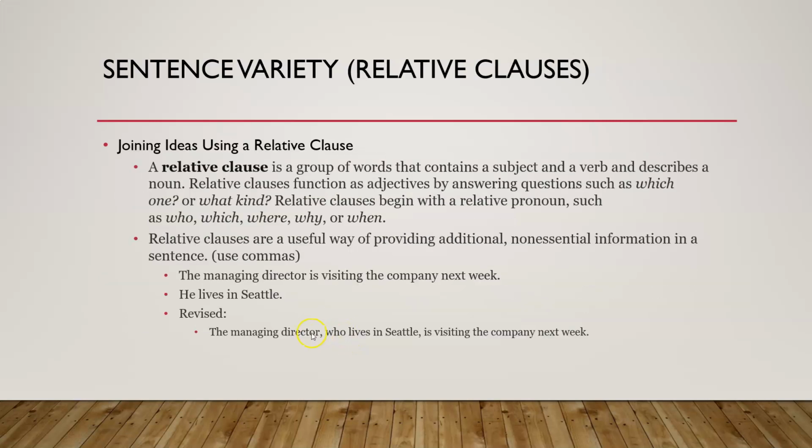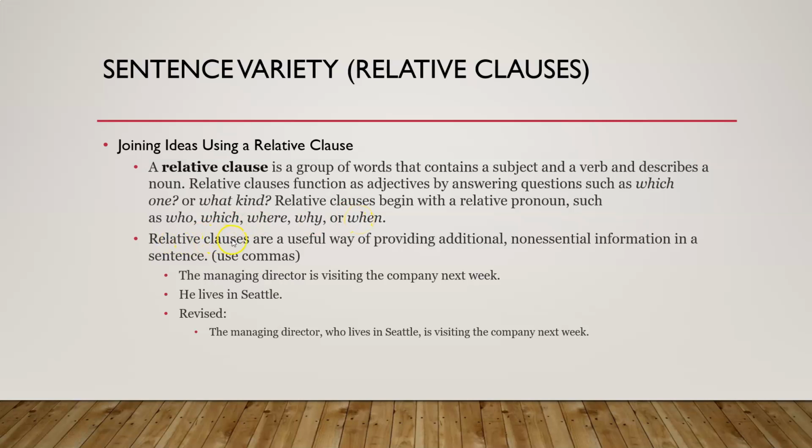And finally, another way to add variety to your sentences is to use relative clauses. A relative clause is a group of words that contains a subject and a verb and describes a noun. Relative clauses function as adjectives by answering questions such as which one or what kind. Relative clauses begin with a relative pronoun like who, which, where, why, or when.